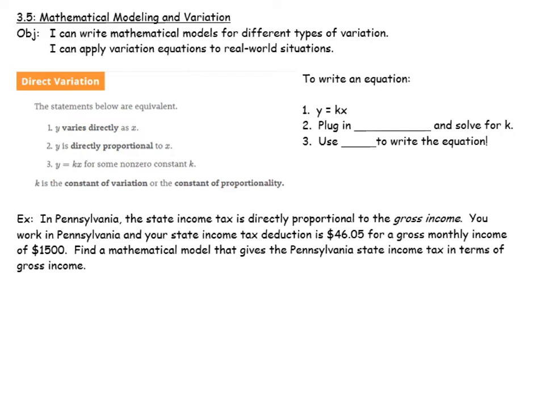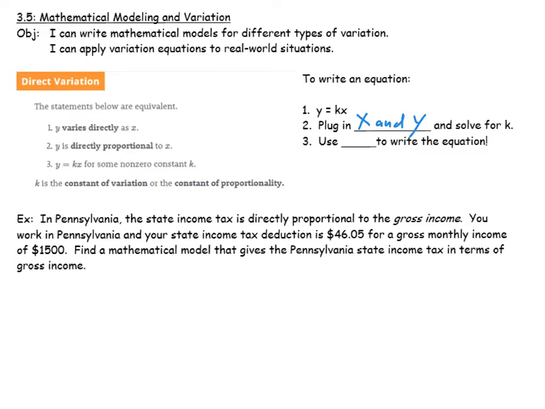So to write an equation, this is a direct variation model. What that means is as x goes up, y goes up, okay? Basically it goes like this. You need to plug in x and y and solve for k, right? Now don't get fooled by different problems and their context.